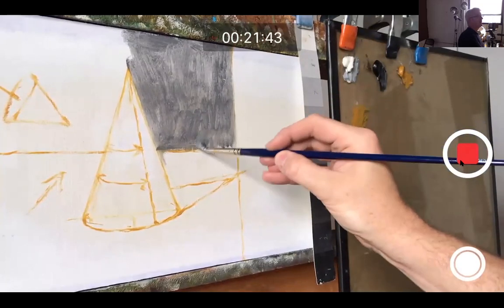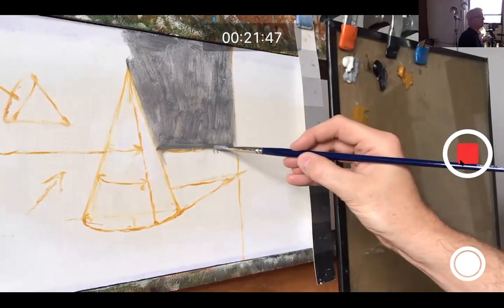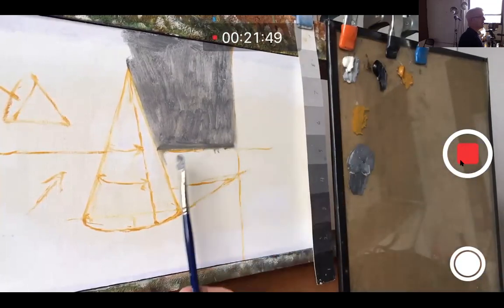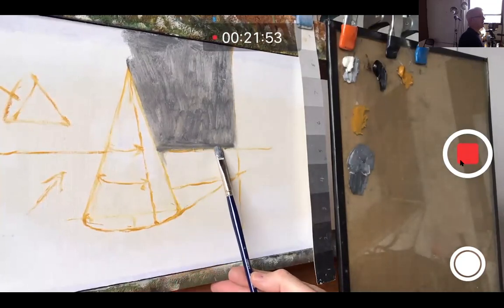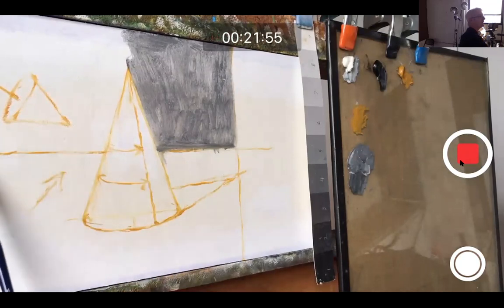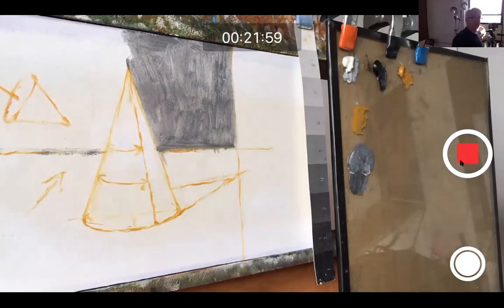So in the kind of painting we're doing, you always want to work from the very broadest, from the very large masses, from the very large values to the small values. You never want to start with the details.